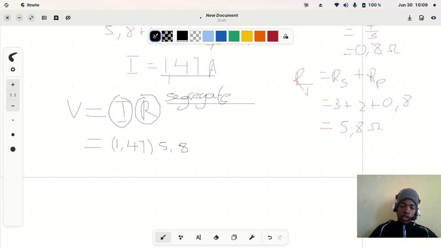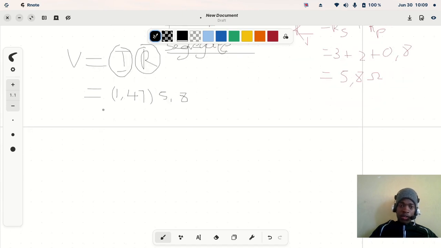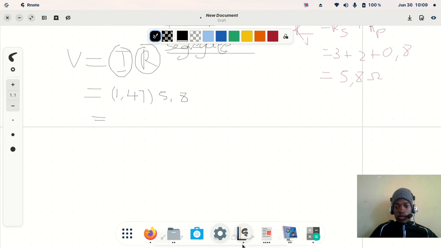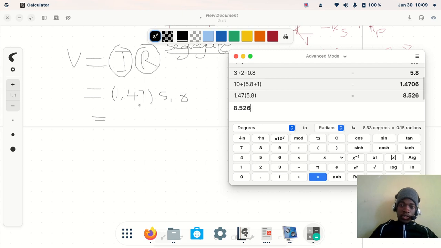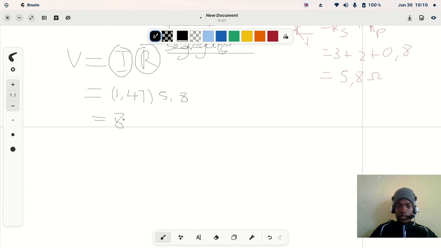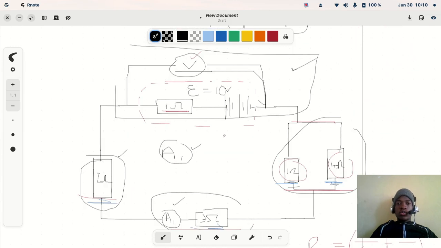So we do the math and use our calculator: 1.47 multiplied by 5.8, and we get 8.53 basically. Remember this is volts, so remember your units as well. Easy as pie.